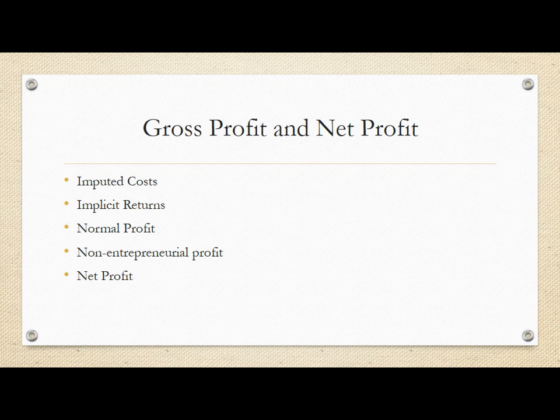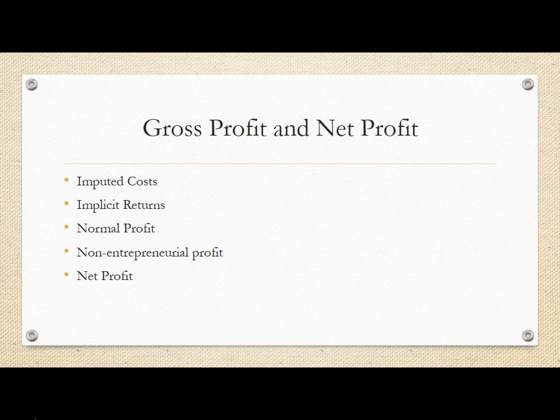Fourth is non-entrepreneurial profit. It includes windfall gains, monopoly gains, etc., which accrue to the entrepreneur as a result of changes in events and market imperfections. This profit element is not related to entrepreneurial ability in the strict sense.